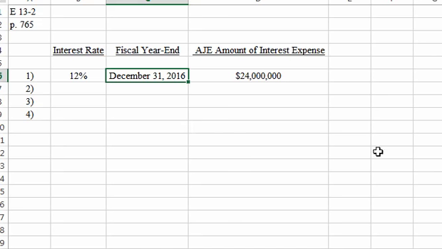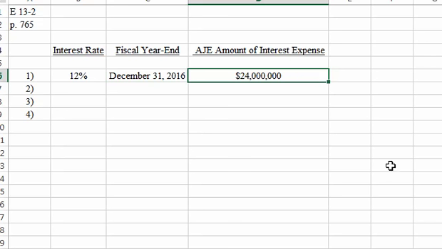I think you'll know from the last problem, but try to decide for yourself what account we would debit in this adjusting entry and what account we would credit. Well, we haven't gone the full 9 months, so payment wouldn't be due yet. So what we would do, like in the last exercise you saw, we debit interest expense for the $24 million. We haven't paid them yet, so we'd set up a liability, interest payable, for the $24 million.